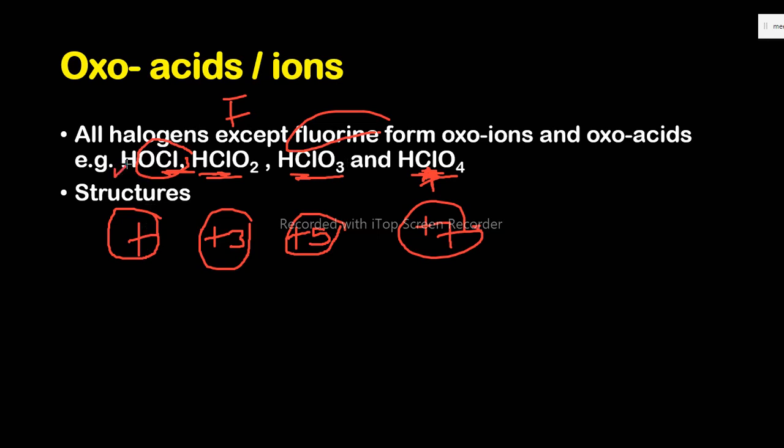So for example, if you are to write the hypochlorite, ClO minus, this is what I'm going to draw. The chlorine becomes the central atom and it is bonded to one oxygen. Out of 7, you have used how many? 1 electron to covalently bond with the oxygen, and as a result, you have 6 electrons that are not bonded.